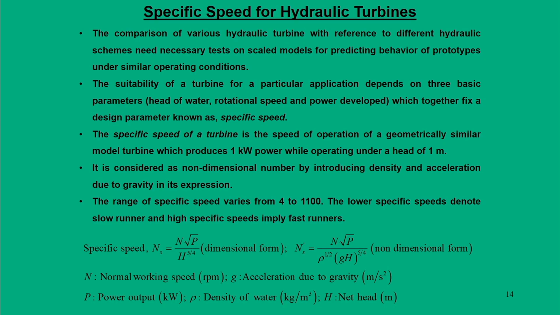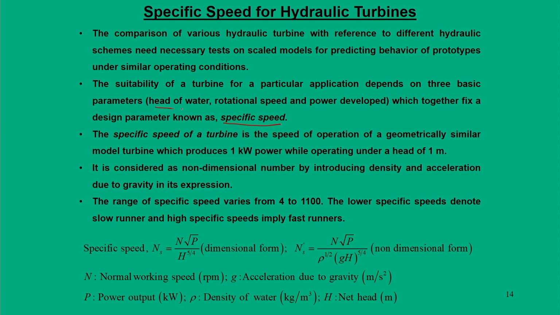So, here we use the concept of dynamic similarity, or similarity rules, based on which the models and prototypes can be compared. One such parameter in this case is the specific speed. To define the specific speed, we know that there are three important parameters for power generation.